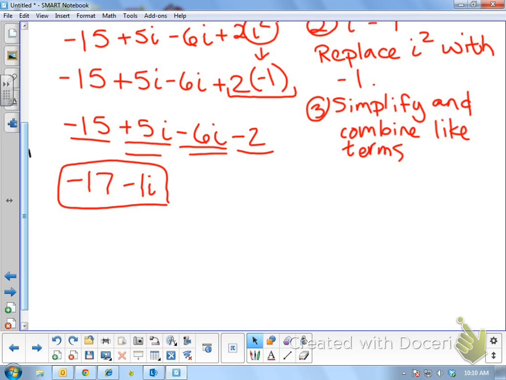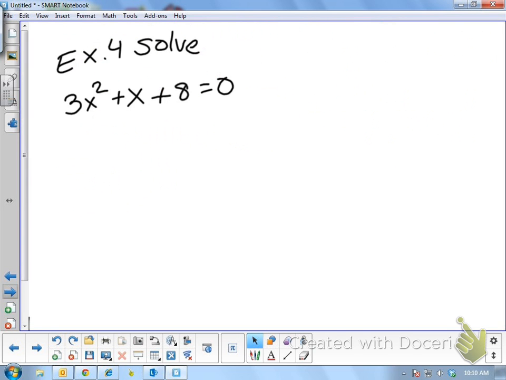This part is pretty straightforward. So the first 8 problems are just straight imaginary numbers, where the last 8 problems are reviewing again how to solve a quadratic. I have 1 completing the square problem, 1 factoring problem, and then 6 quadratic formula problems.